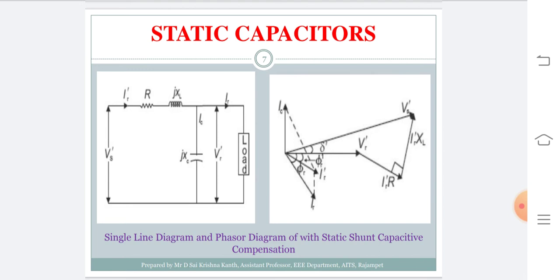But here the angle between voltage and current, previously without any compensation, was theta R, but now it is only theta R dash. The magnitude of theta R dash is small when compared to theta R, hence cos theta R dash is very high when compared to cos theta R. In this way, I can conclude that the static shunt capacitive compensation improves the power factor of the power system network.